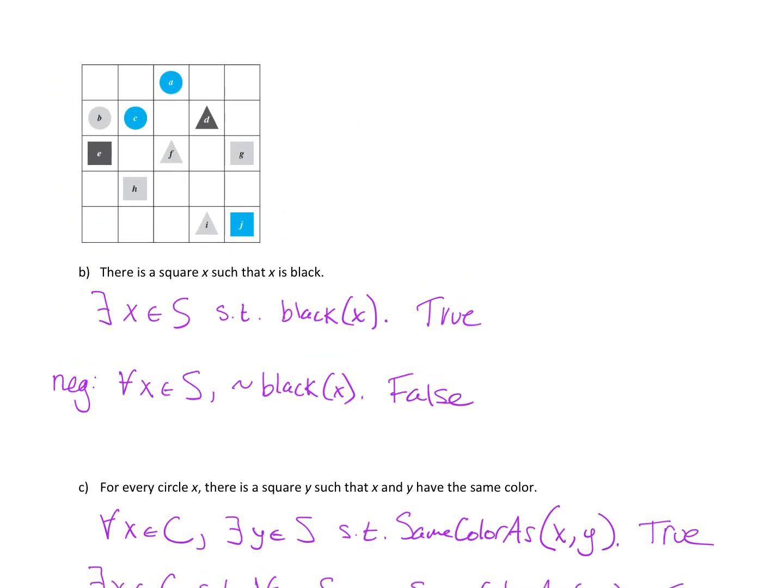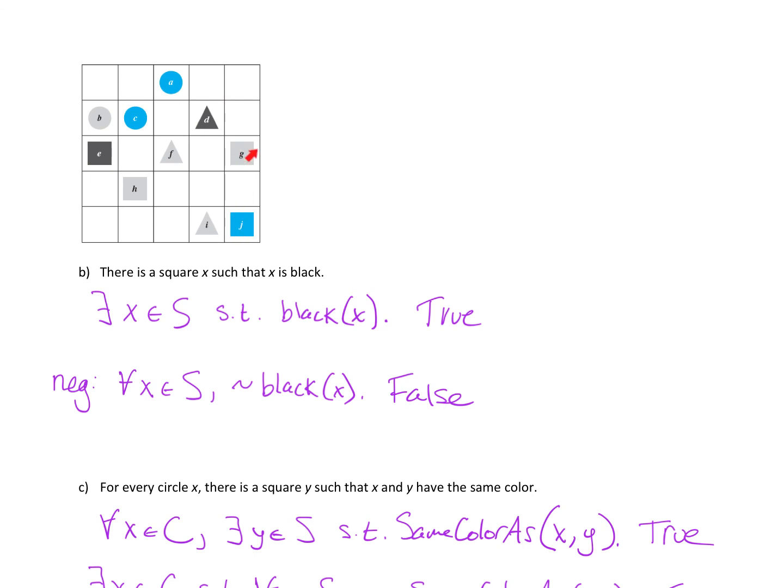Okay, so there is a square x such that for every triangle y, x is to the right of y. So I'm looking for one single square that will be to the right of every triangle y. So here I have two squares, G and J. Those can be my x's.